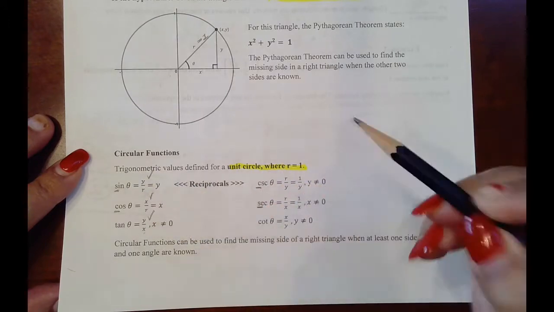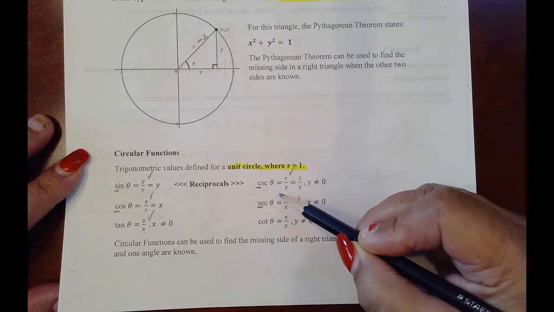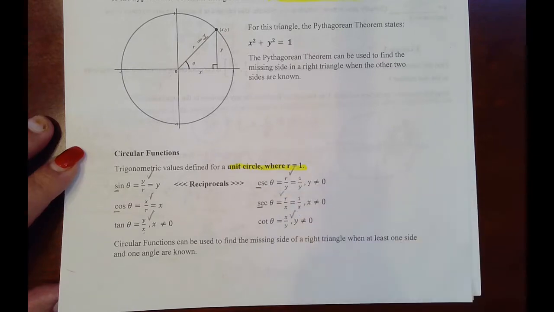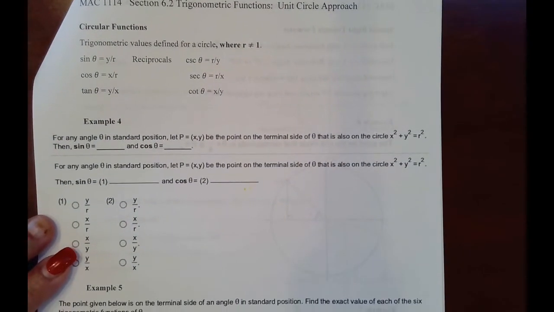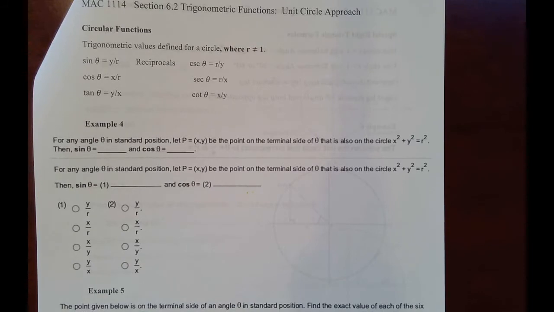That's why I mentioned them here, because I knew that they would apply further into the section. Okay, so here's those definitions restated in their original form. You may not put a 1 in where you see r's, because we're going to be in a case in some of these problems where the r value is just not going to be a 1.